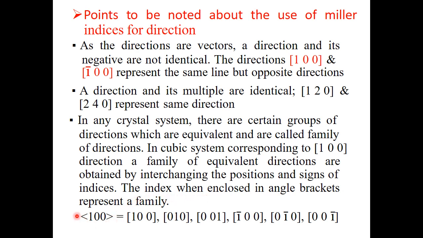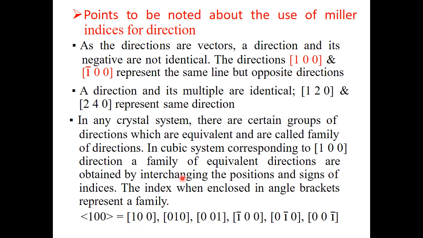So you can see here, the family of directions of direction 100 can be represented by writing the same 100 inside angle brackets. So instead of square brackets, you replace them with angle brackets, and then you will get the family of directions.